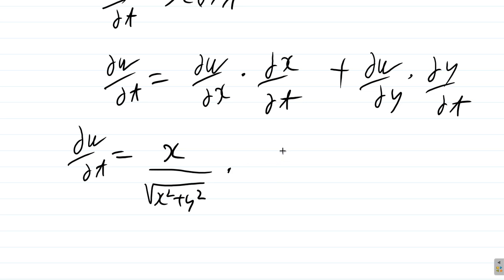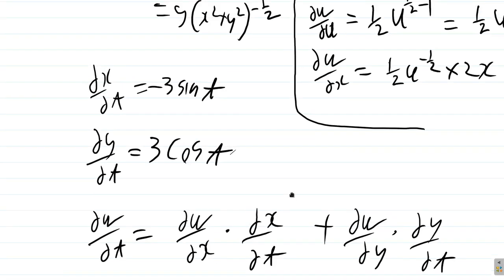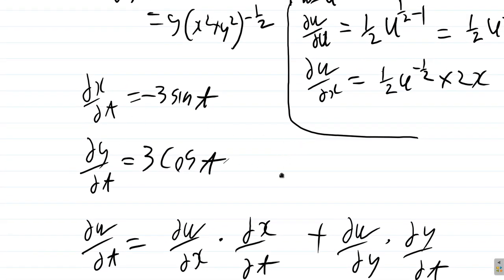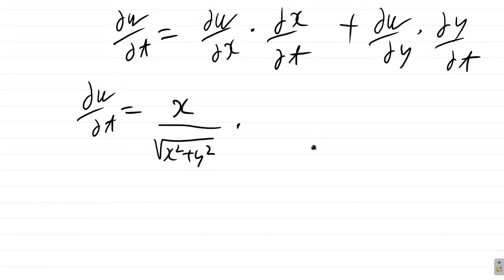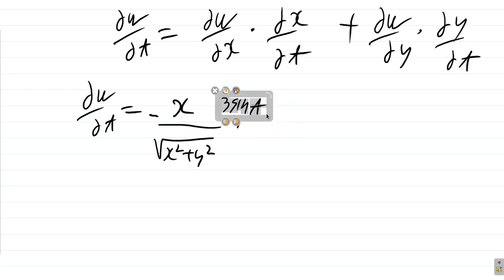Times, alright, partial x by partial t. What was partial x by partial t again? So it's negative 3 sine t. You can just put the negative in front. Well, you know what? We could just put the 3 sine t right up against the x.